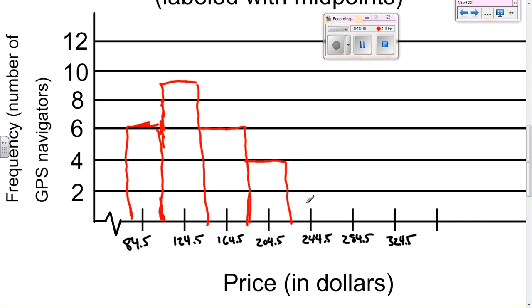And 2. And 1. And then 2 again. So the nice thing is this creates a pretty good way of looking at the data. It makes it easy to see what is going on in the actual frequency distribution.